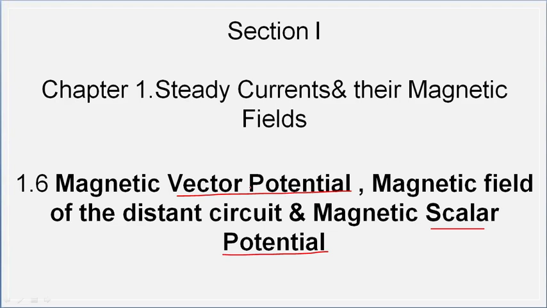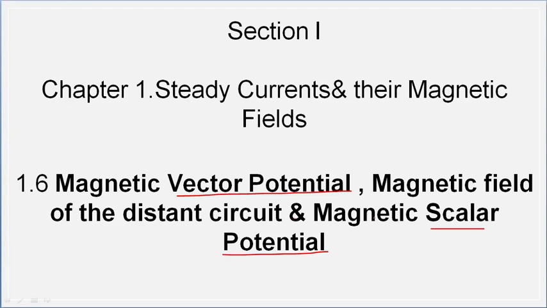We will try to define this vector potential and scalar potential, and then, knowing them, we will be able to calculate the magnetic field. So the idea behind defining the potential is to calculate the magnetic field.